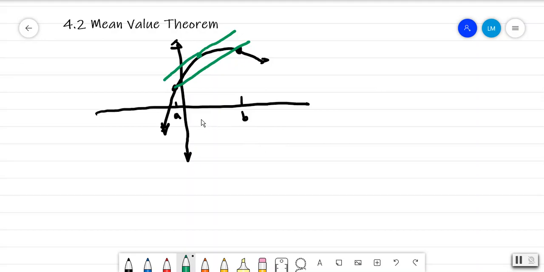So we'll call the point that gave us that tangent C. What the mean value theorem says is that there exists a point C such that the slope of the tangent is equal to the slope of the secant.